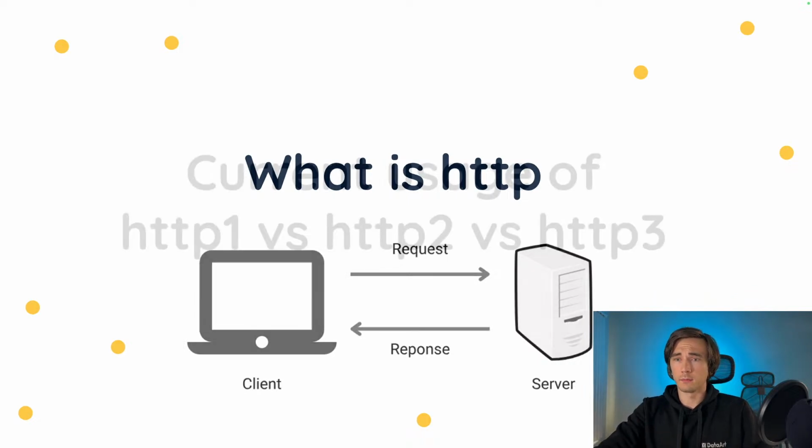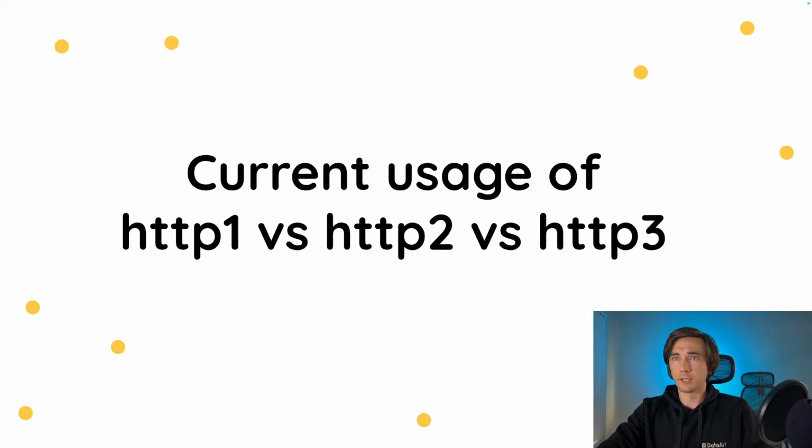But what are HTTP1, HTTP1.1, HTTP2, and HTTP3? Because mostly, at least I was not thinking too much about this before, as I was not expecting that HTTP2 or even HTTP3 is popular.